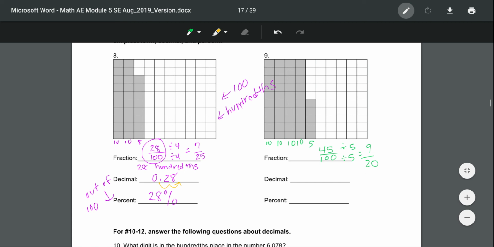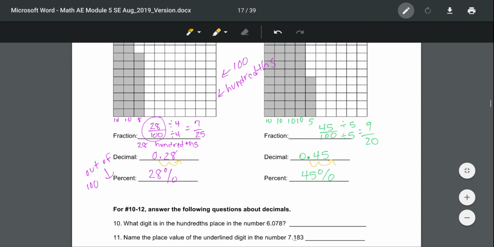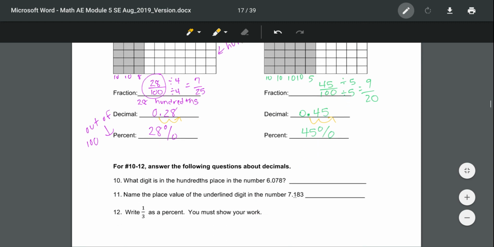As a decimal, 45 hundredths would be 0.45. And then remember that percent means out of 100, so 45 out of 100 would be 45%. And again, if you don't remember that, you can always move the decimal point 2 places to the right, and you can get the same answer of 45%.